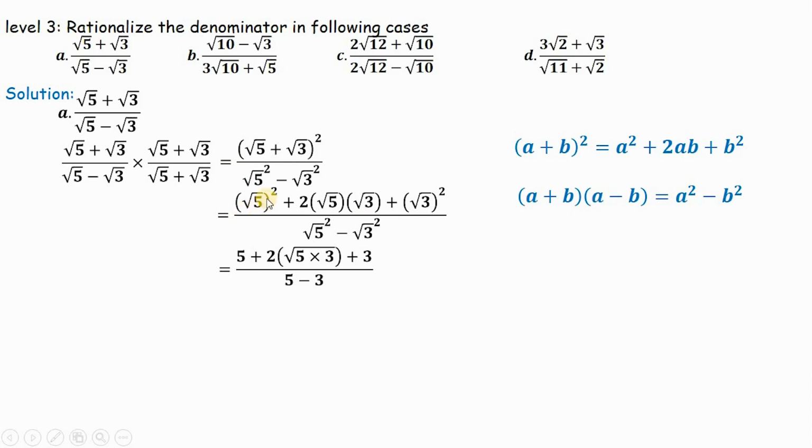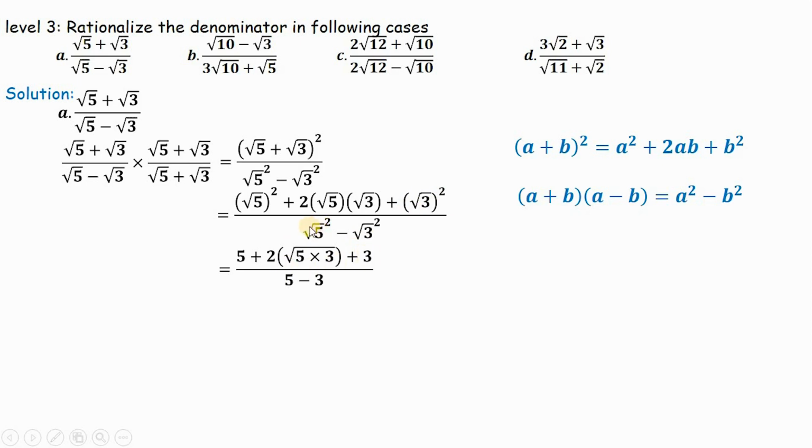Further, square root of 5 whole square is 5, because root and square get cancelled, plus 2 into, in the root we can multiply the two numbers, but we cannot add the roots. So we'll take the root common and we'll multiply 5 and 3, plus root of 3 square, square and root get cancelled, we get 3.